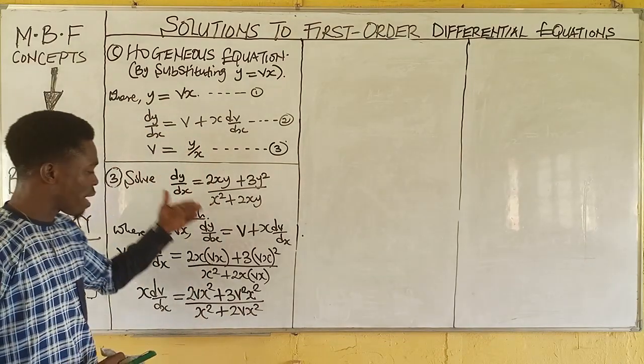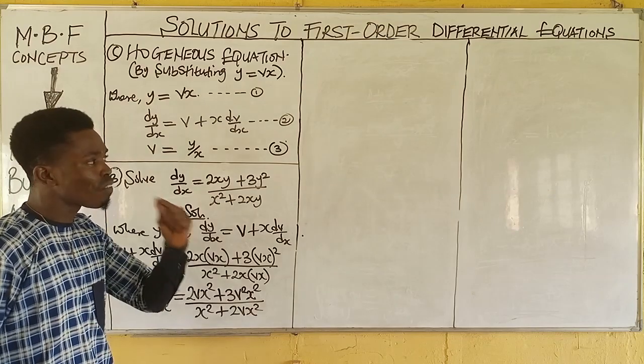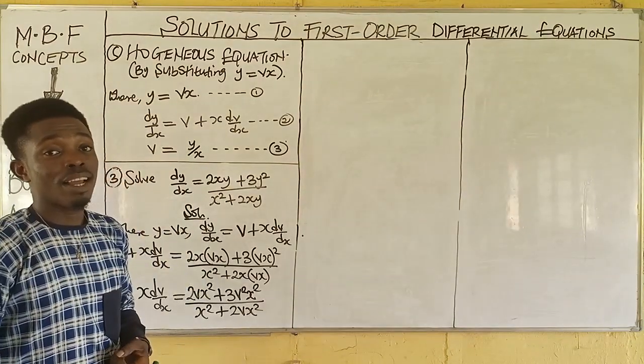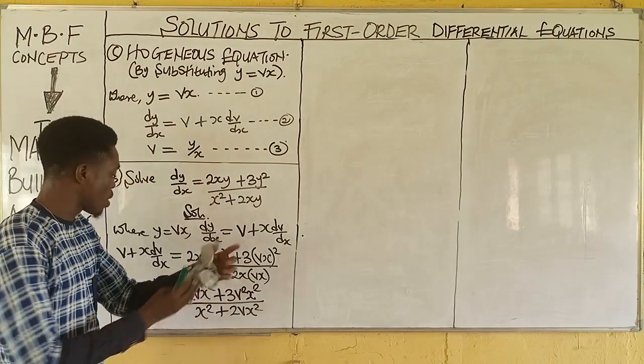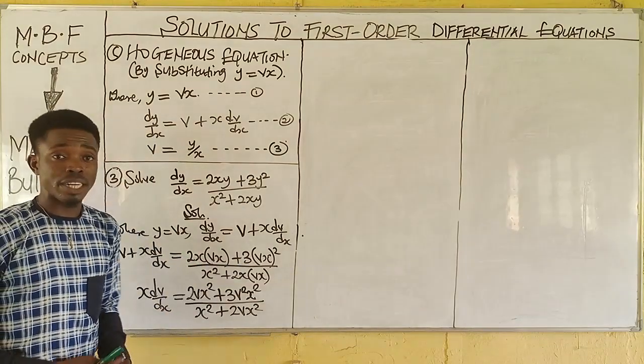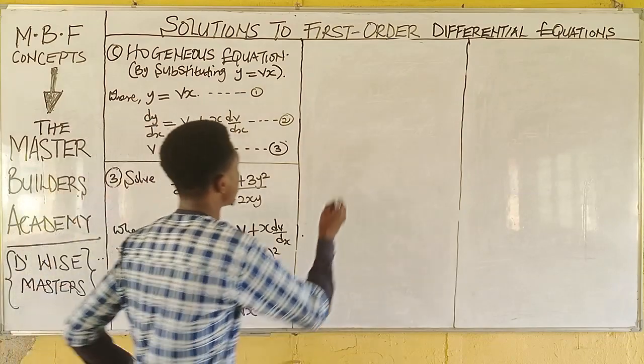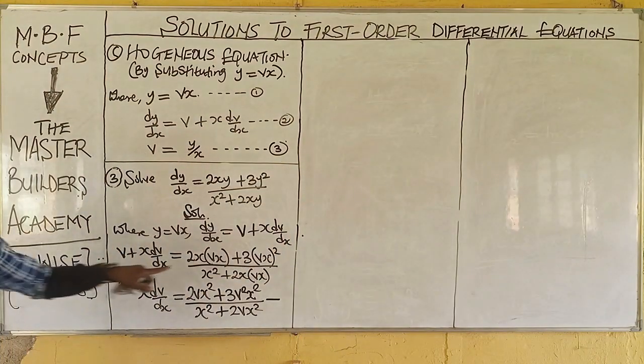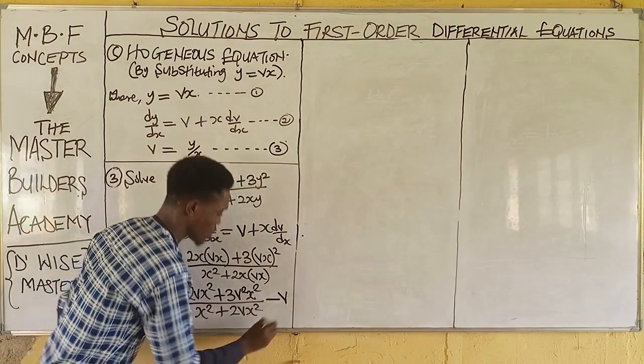When you look at both the numerator and the denominator, each of the terms carries x squared, so we can cancel out x squared. What we need to do now is to factorize both the numerator and the denominator, and then minus v. Understand that we are taking this v from the left hand side to the right hand side, then it becomes minus v.